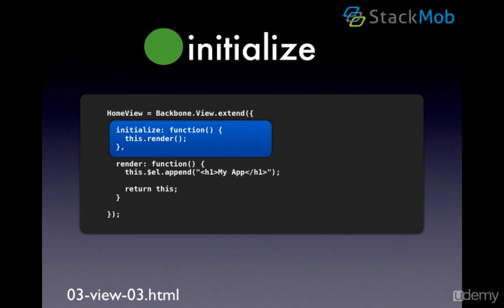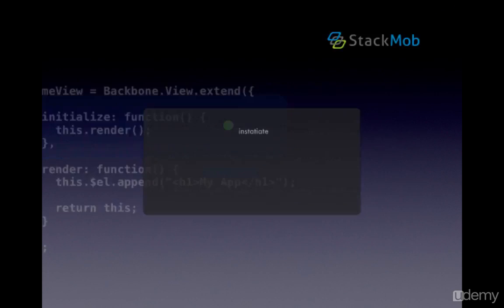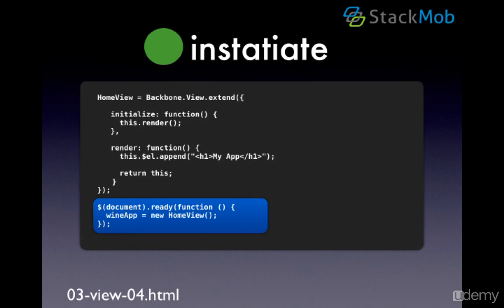Now if we go back, we'll go to the next example, example 4. And so now in this situation, I'm going to wait until my document is ready. I'm using document.ready from just straight up jQuery. And inside of that, I'm going to create my new instance of my wine app.